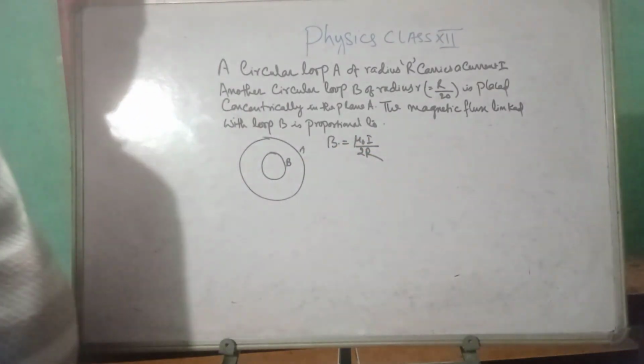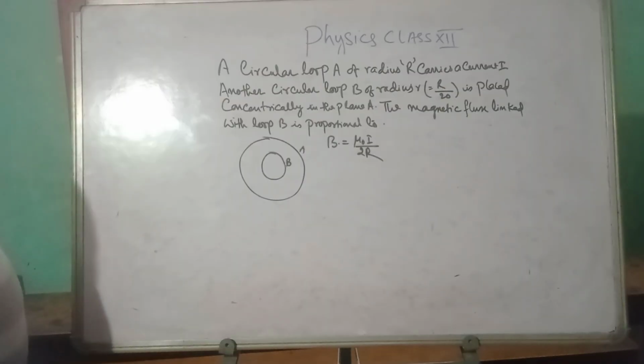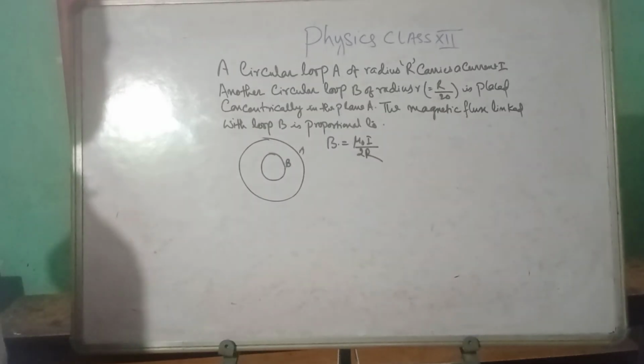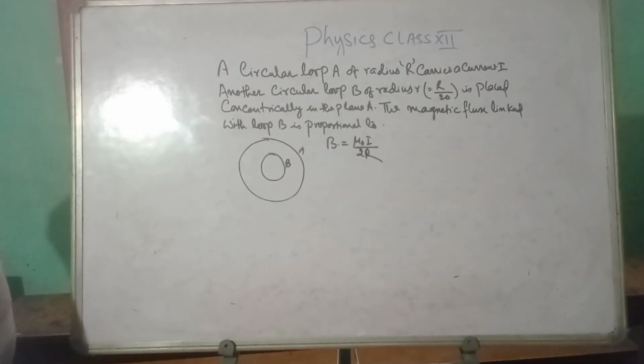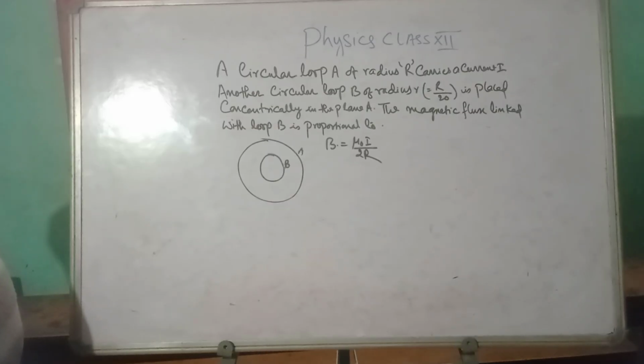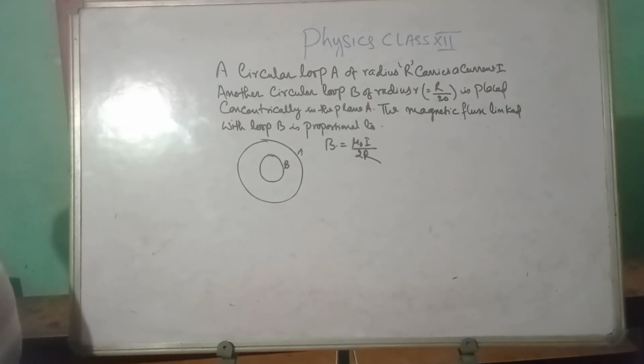We know this, which you have proved in Biot-Savart law. The magnetic field at the center of the loop is this much, mu naught I by 2R.